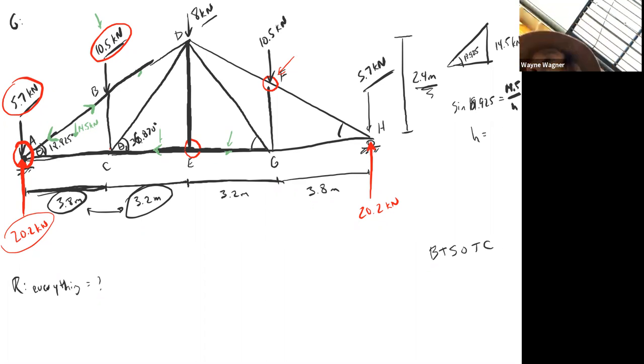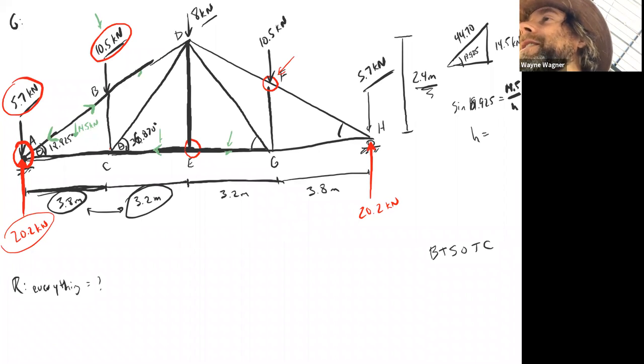So the hypotenuse is 14.5 divided by the sine of that angle. The sine of 18.925. Please, guys, please don't use the chat. I can't keep up with those. So this is 44.708, unless I made an error.